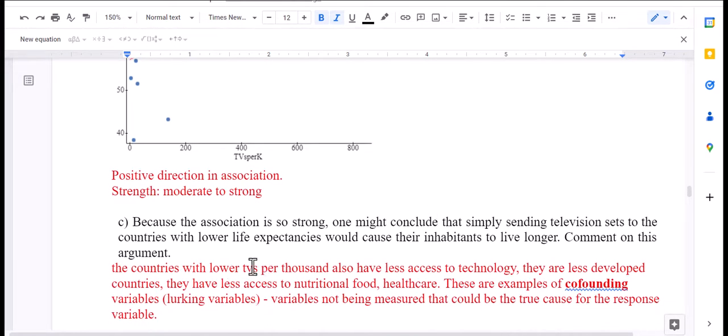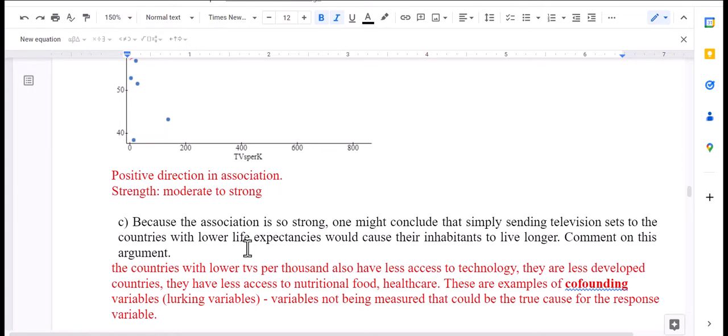So that is one of the big things here, that association does not imply causation. The countries with lower TVs per thousand also have less access to technology. They are less developed countries. They have less access to nutritional food, perhaps, and to healthcare. So those are examples of confounding variables or lurking variables, variables that are not measured, that could be the true cause for the response variable, right?